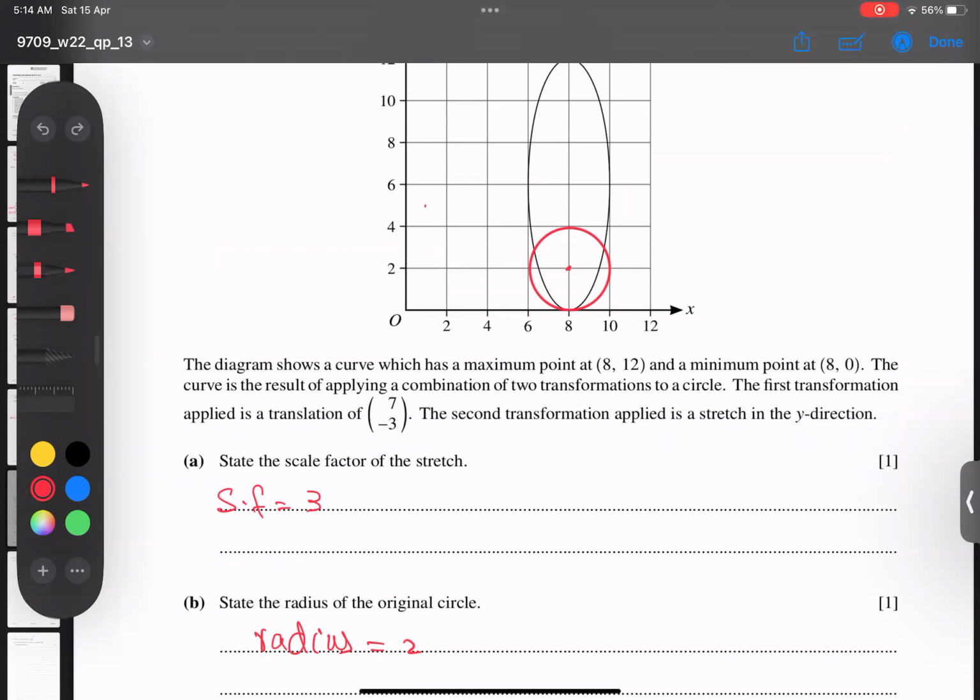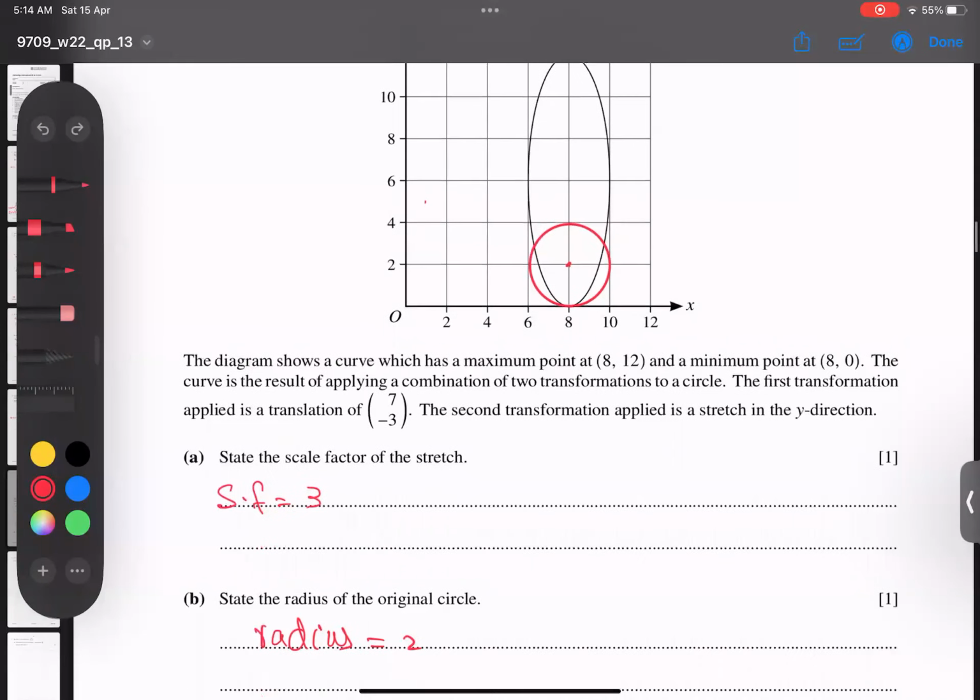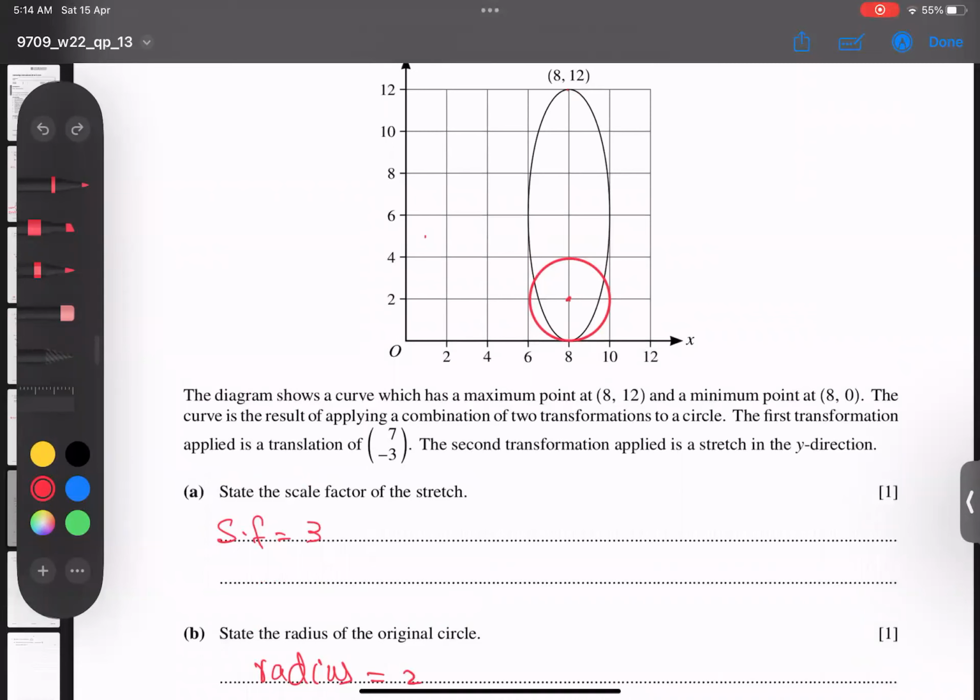This is very interesting. Actually, this is a translation 7, minus 3. So if I go backward from here, you can get it easily. Backward means minus 7 and plus 3. This is one way. So you can apply it to this point and get the original point.